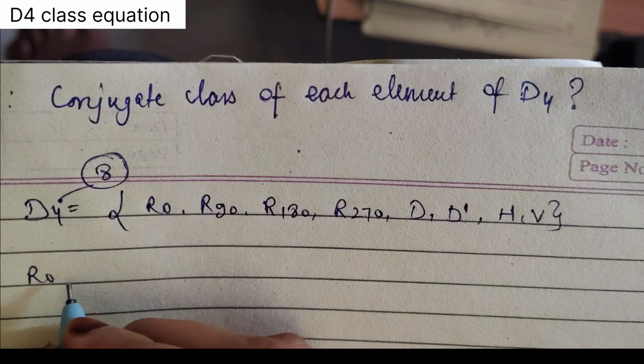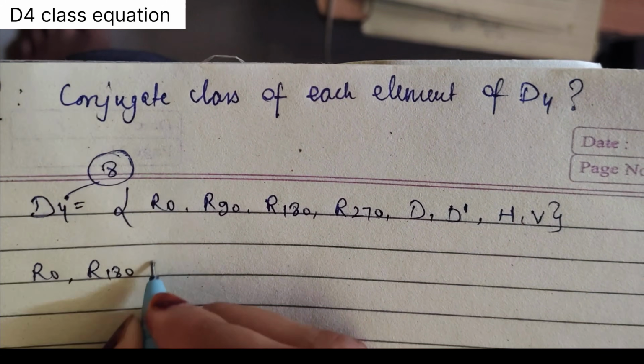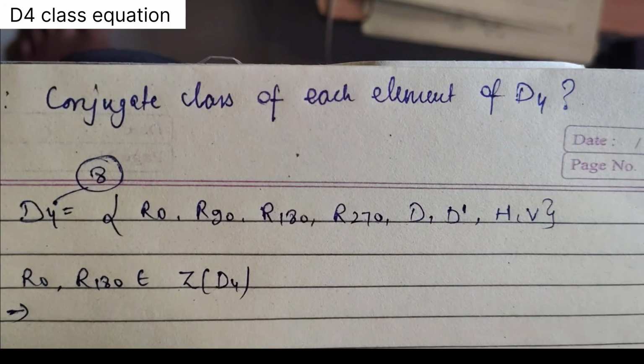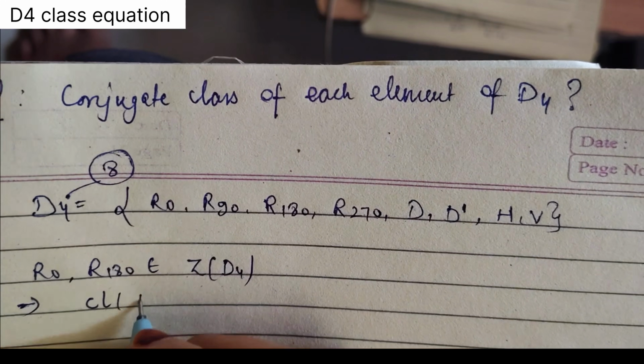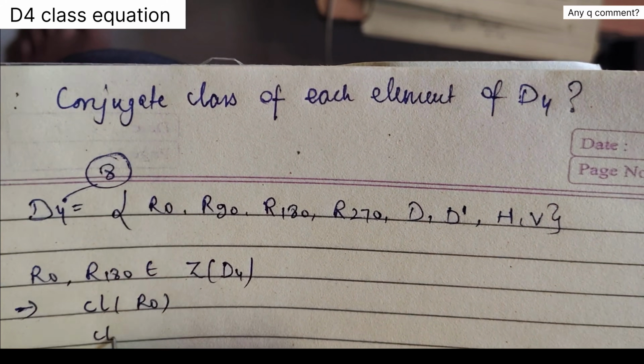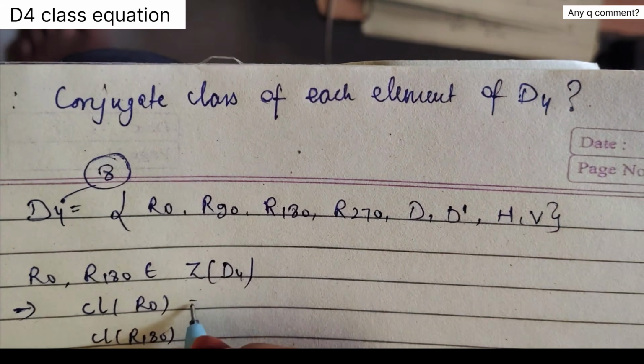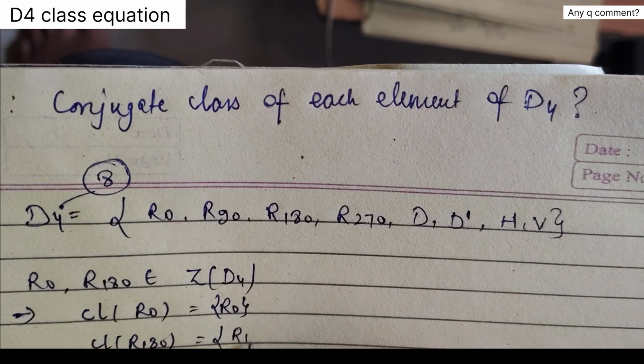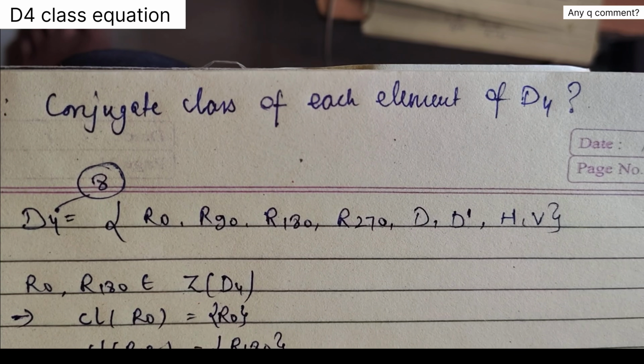We know that R0 and R180 belong to the center of D4. From the last result, it clearly says that the class of R0 equals R0 only, and the class of R180 equals R180 only.